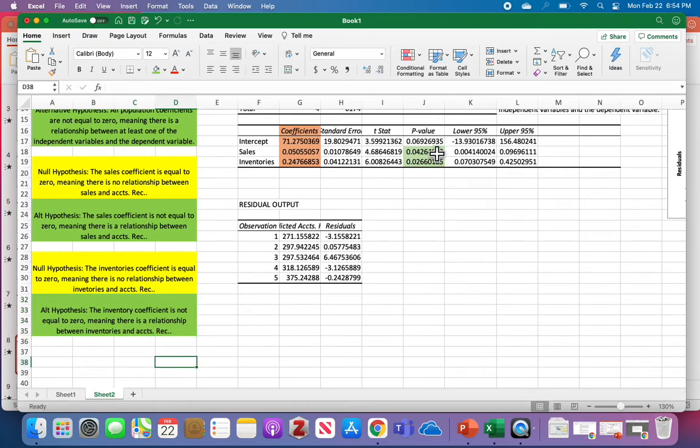So by looking at these p-values, we know that we can reject both of these null hypotheses and determine the alternative is accepted, and the sales coefficient is not equal to 0 and the inventory coefficient is not equal to 0. So there is a relationship between both of those variables and accounts receivable. So we will reject both null hypotheses.